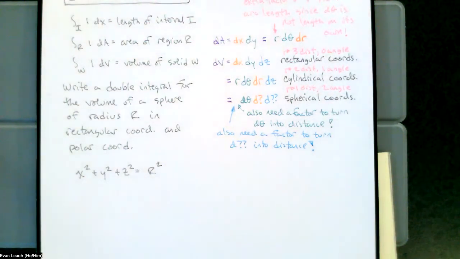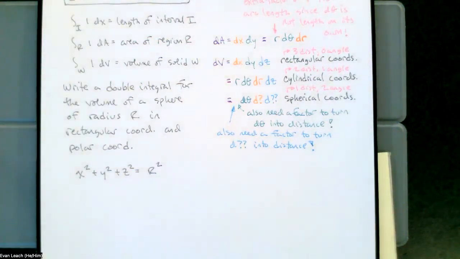We're going to have to do a what's x between, a what's y between, and a what's z between. I want to focus on what's z between because z is in common with both rectangular and polar coordinates. We're using the same z-axis in both coordinate systems.